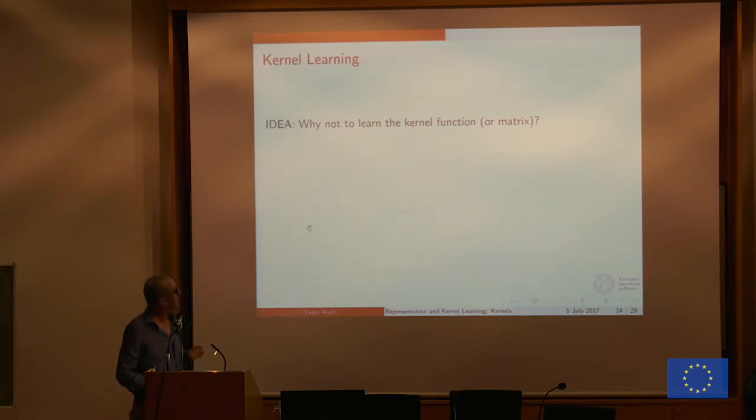Is it possible to learn this representation from data? This would be great. So the question of this last part of the talk will be: why not try to learn the kernel matrix or the kernel function?